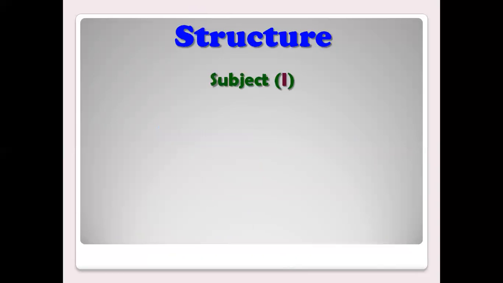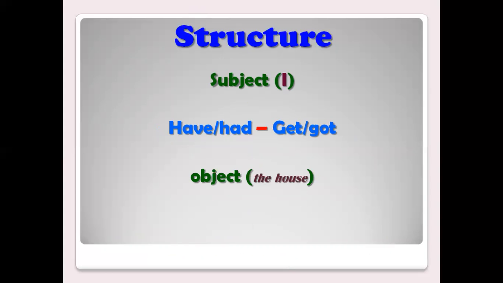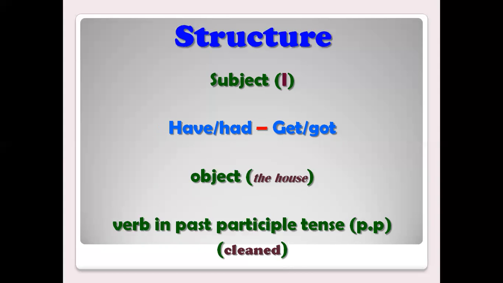The subject was I, then I got or I had, plus the object, which is the house, usually a thing, plus cleaned, which is the past participle of the verb clean.